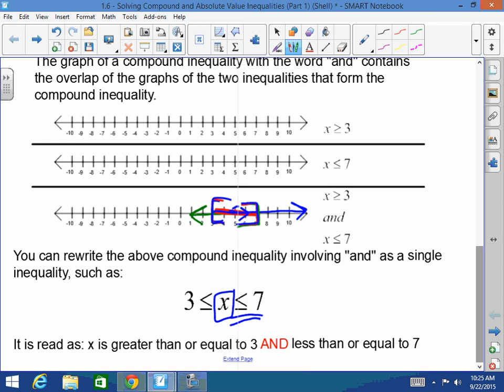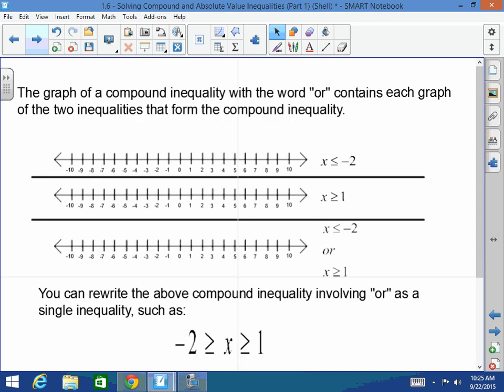So that means that it's everything in between these two parameters. And that's what's happening in a compound inequality. Again, it is read as x is greater than or equal to 3 and less than or equal to 7.